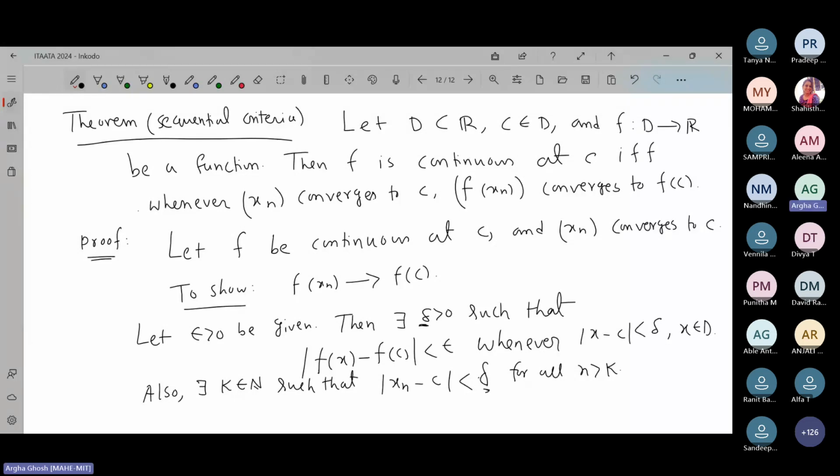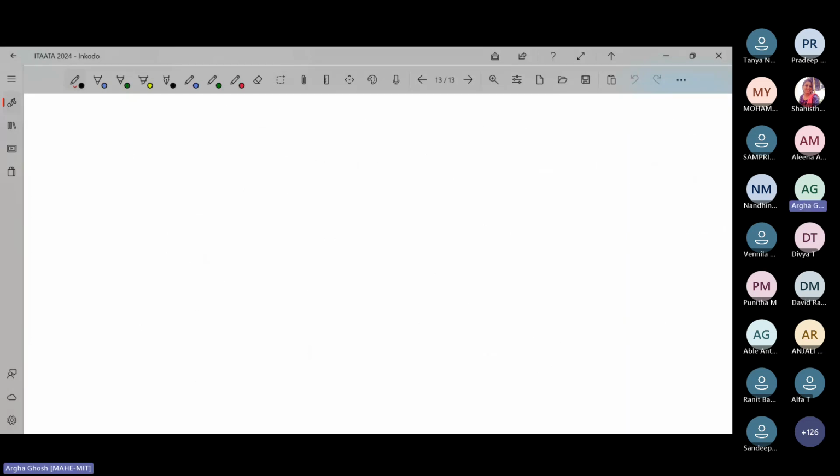So now you can see that because |xn − c| is less than delta, clearly you can see that |f(xn) − f(c)| is less than epsilon whenever n is greater than K. Why?